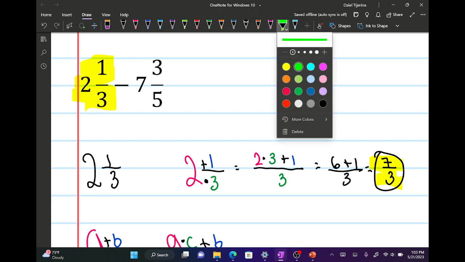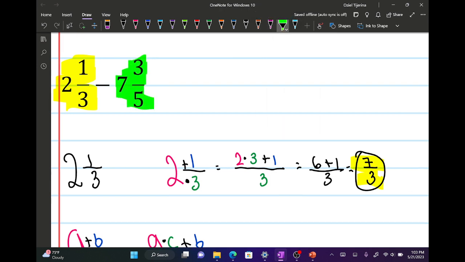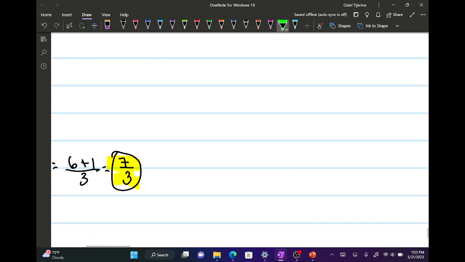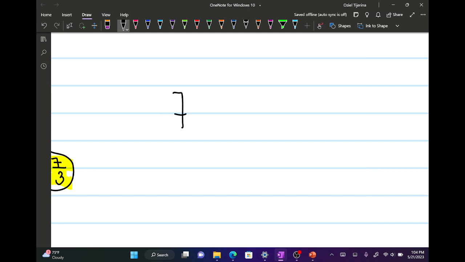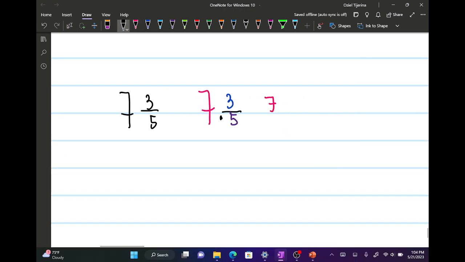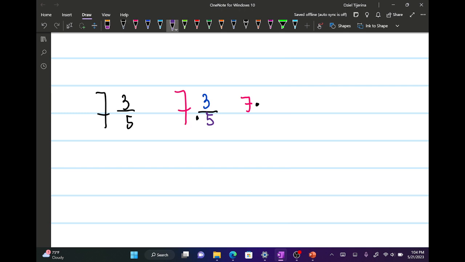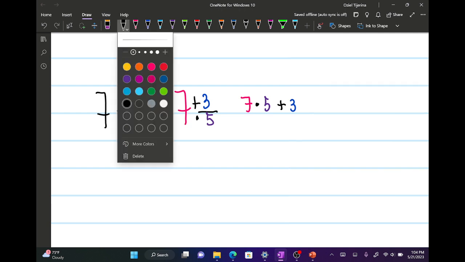Same idea: multiply 7 times 5, and then plus 3, because we always add afterwards, and put it all over 5.